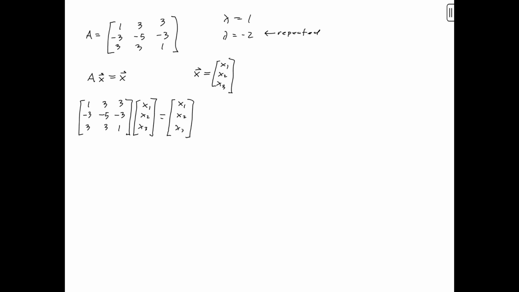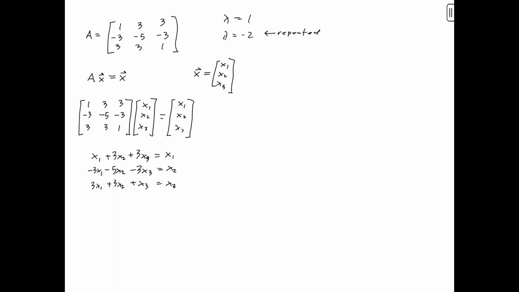So now I have the equation x1 plus 3x2 plus 3x3 is equal to x1, negative 3x1 minus 5x2 minus 3x3 is equal to x2, and 3x1 plus 3x2 plus x3 is equal to x3.